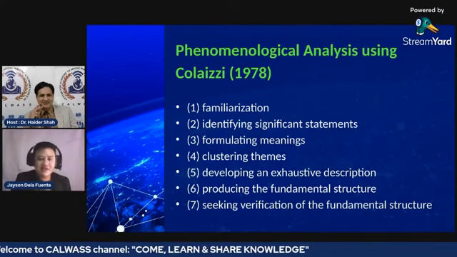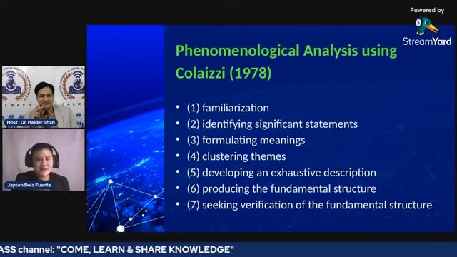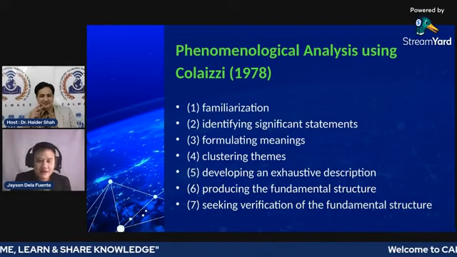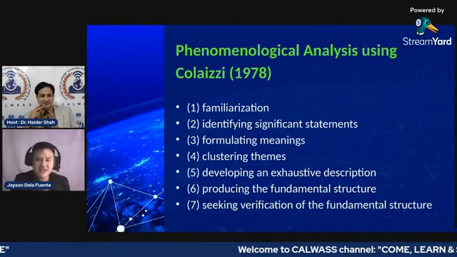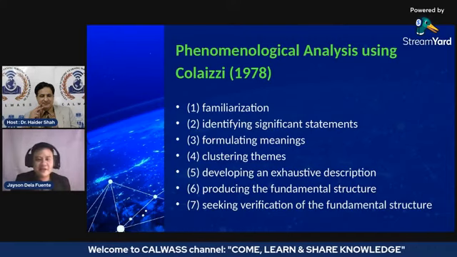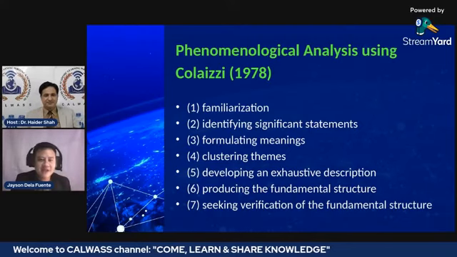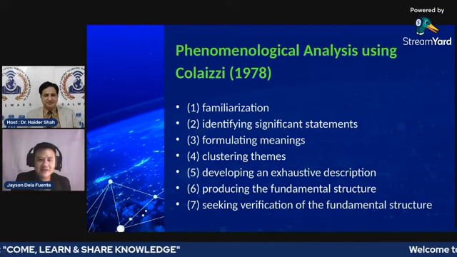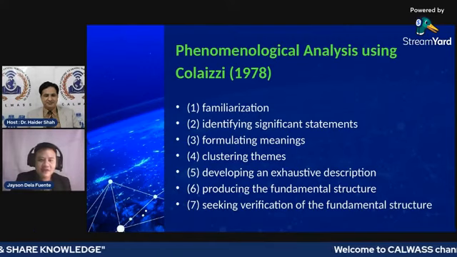But as you can see, it is almost similar to Grunwald. First, familiarization. From the responses in the interview, you are going to familiarize yourself with the experiences of your participants as to the things that they shared to you in the interview.